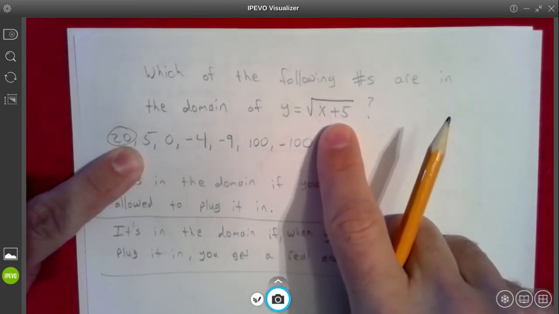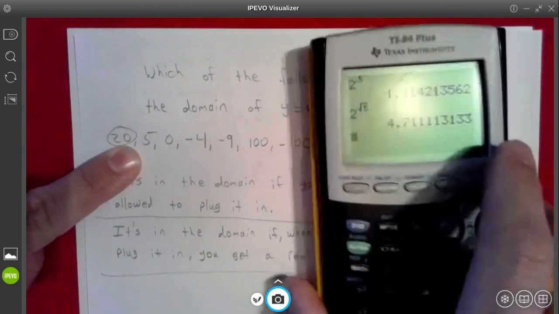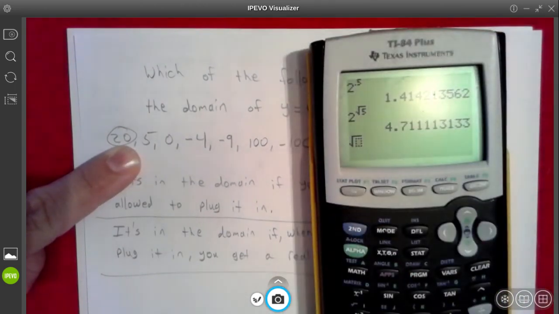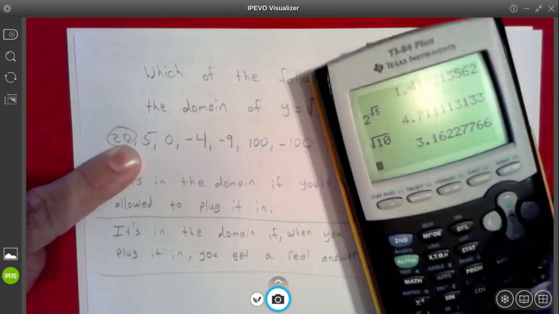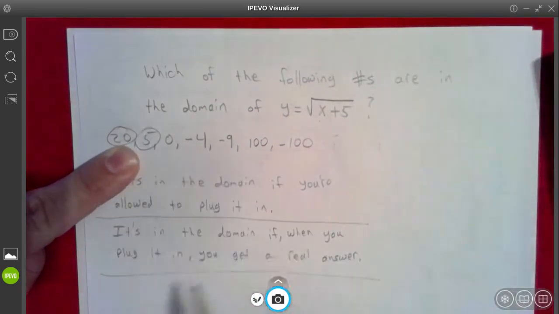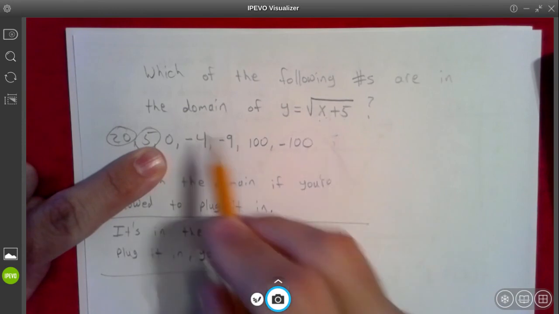You get 10, and you are able to do the square root of 10. It's not a nice number, the square root of 10 is 3.16, but it is a real number. That's what we're focused in on here. So that's okay. If you plug in 0 for x, you get the square root of 5, which is a real number.